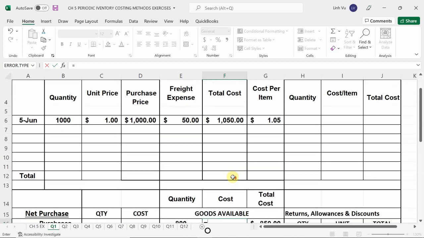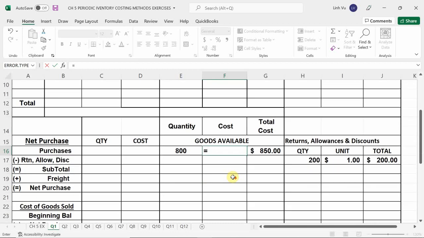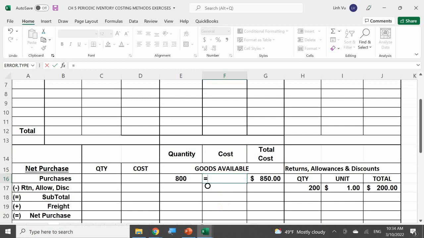So in this case, I would have to adjust my cost per item as well because I end up subtracting my inventory. Because I have a new quantity and a new total cost, you do need to spread that new cost over the total quantity. So I'm going to take my 850 and divide this by 800. And now what is my cost per item here?